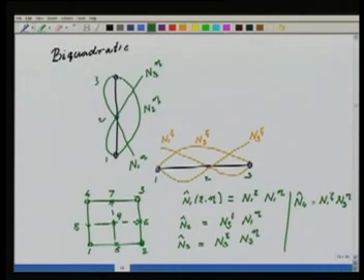Similarly, n5 will be, see, it's a second node for the psi side and first node for the eta side, so it will be equal to n2 psi into n1 eta. Let's say that I want to continue this, I want to get to n9 hat. n9 hat is equal to, it lies on the second node of the psi side, second node of the eta side, so it becomes n2 psi n2 eta.